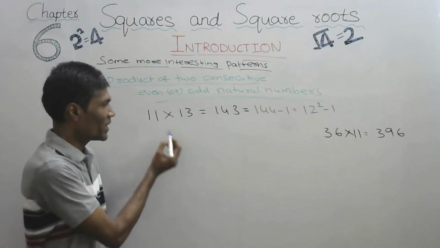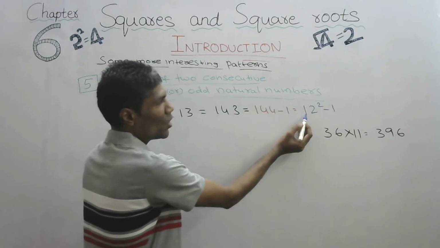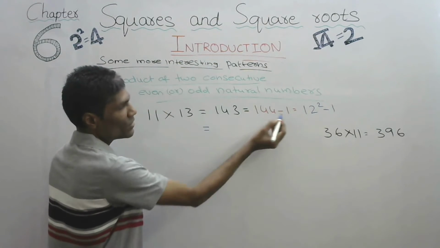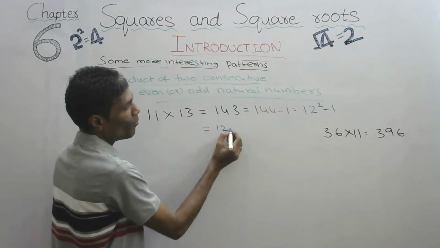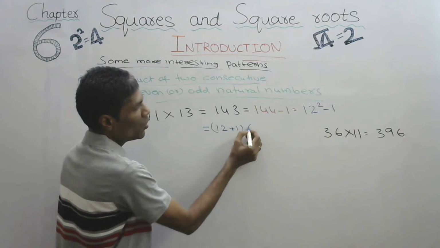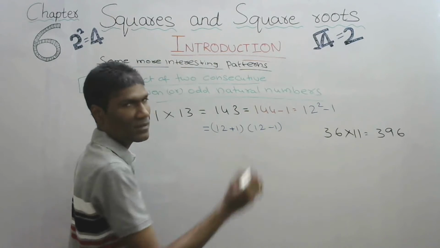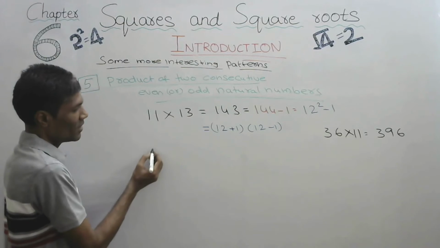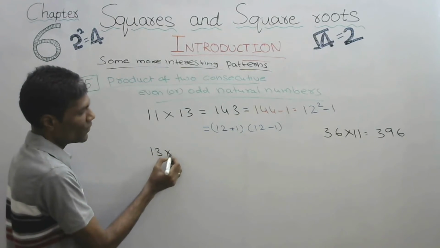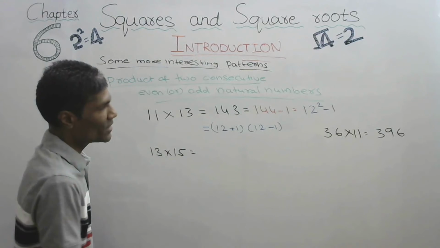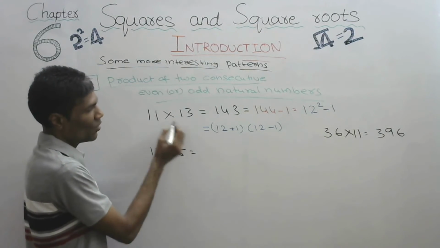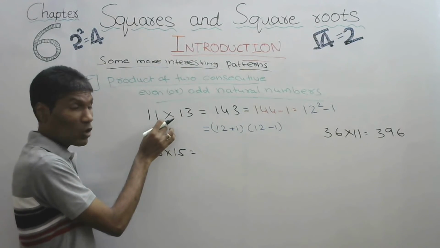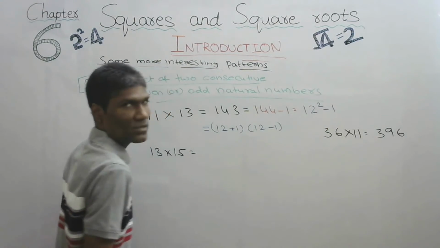Now understand the pattern. 11 into 13 can be written as 12 square minus 1, or it can also be written as 12 plus 1 into 12 minus 1. Let us see one more example. Now 13 into 15. What is the in-between number? 12. 12 square minus 1.